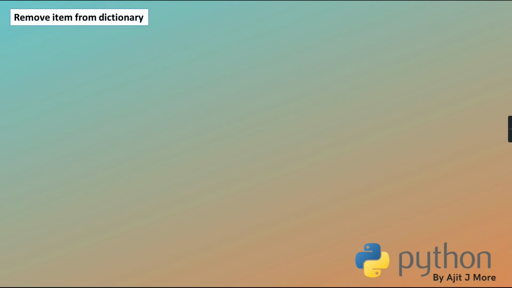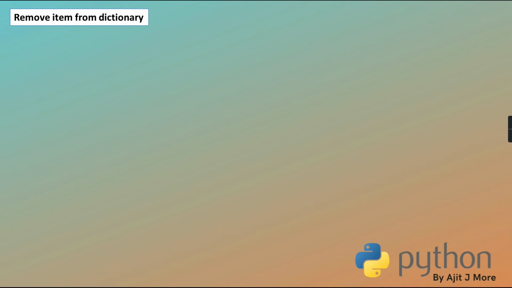Okay. Then removing an item from a dictionary. So what are the different ways of removing an item from a dictionary? Many ways are there. One is the pop method, popitem is there, then del also is there. Using del also you can delete an element from a dictionary. So the first easy method is pop.